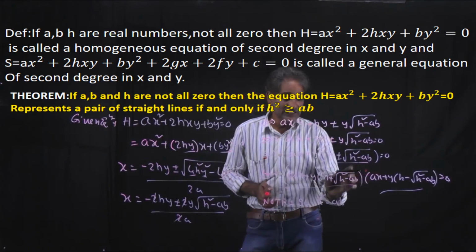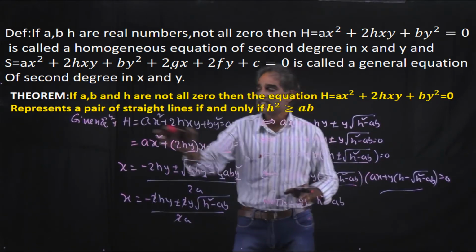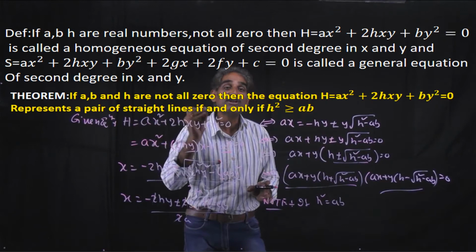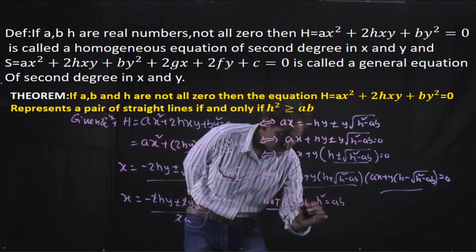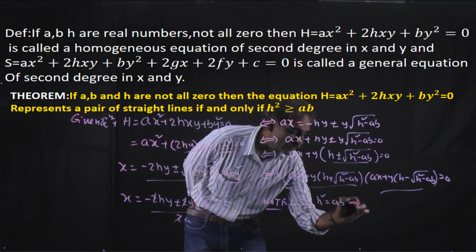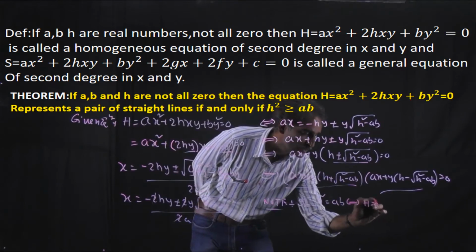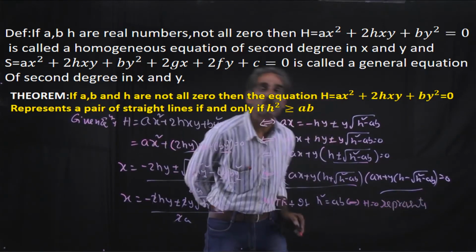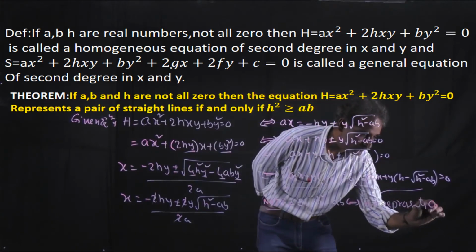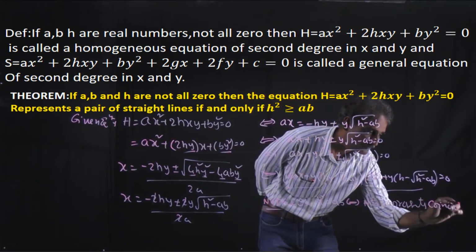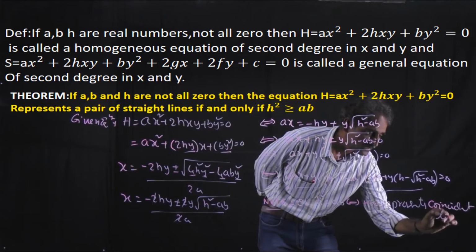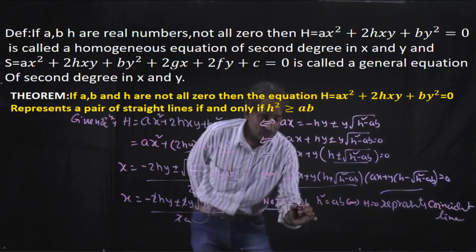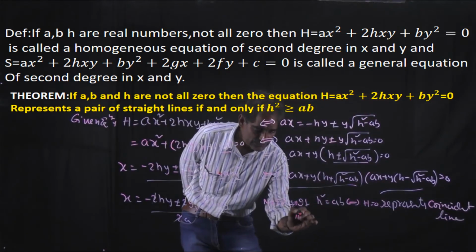So if h square equals ab, it represents two coincident lines. This is 1.